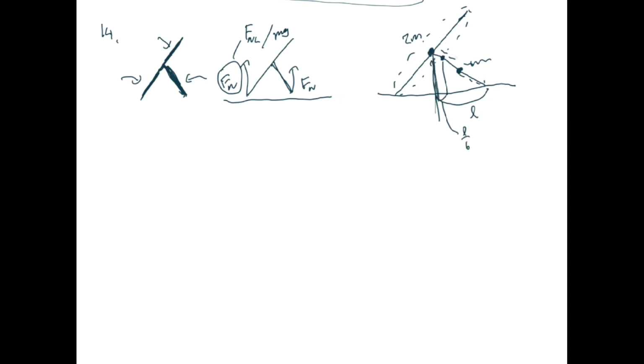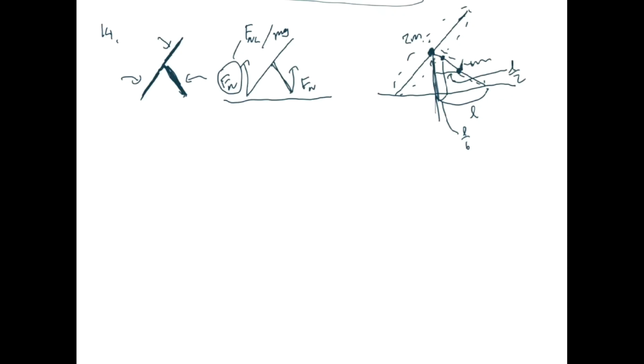And why is that? Well, that's just because this distance here is L over 2. And since this one is twice the mass of this one, the center of mass will be a third of the way from this one to this one. So a third of L over 2 will be L over 6 here.